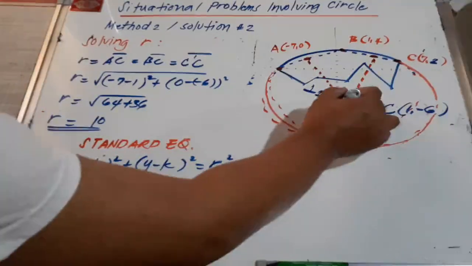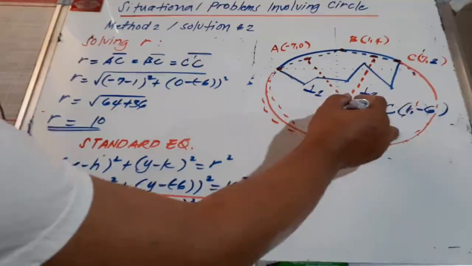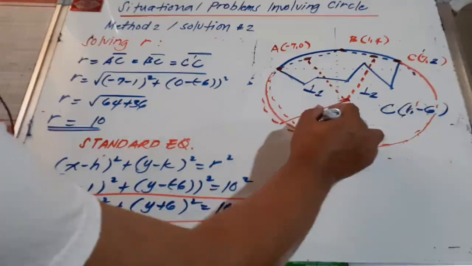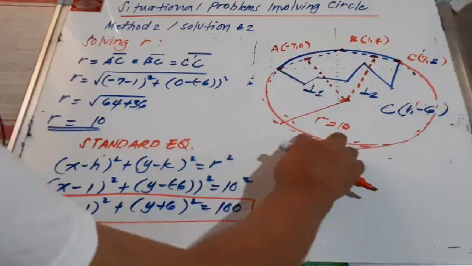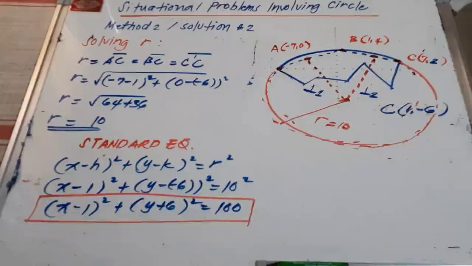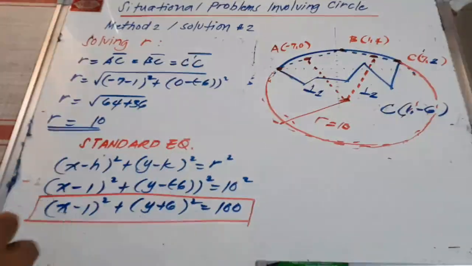Parang ganyan. Ito yung ating center, 1, negative 6. Ito yung length ng ating radius, which is 10 units. Ayan. Actually, di naman kailangan yung graph of the circular plate. Ito lang kailangan. Ito kasi magde-determine yung ng boundary ng ating circular plate. Yung nabasag, merong papaganito siya.